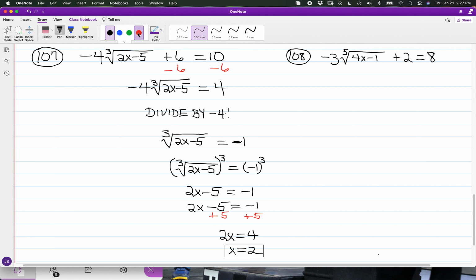And if we isolate the radical, taking 2 away from both sides, we'll have negative 3 times the fifth root of 4x minus 1 is equal to 6.